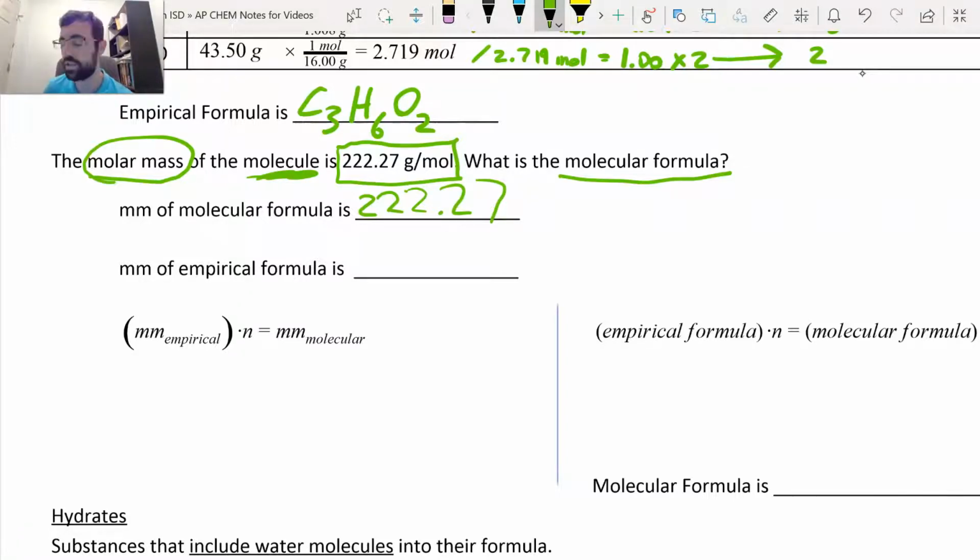And then oxygen, O2. So oxygen is 16 times 2 because of the subscript of 2 in our formula. We get 74.078 grams per mole.